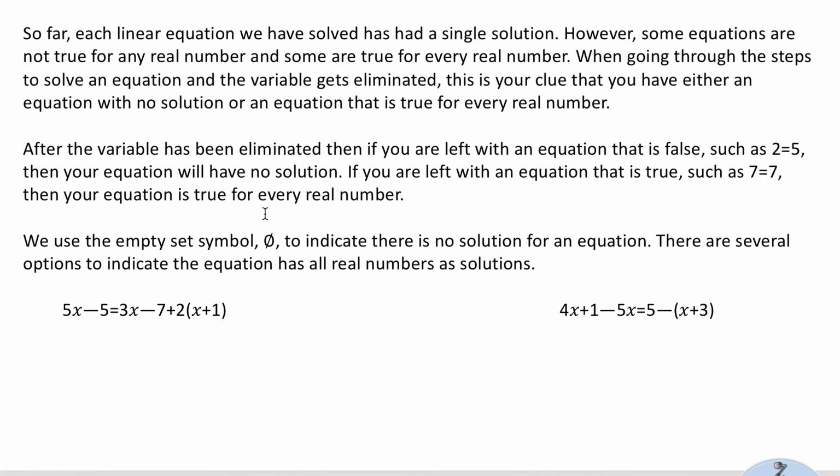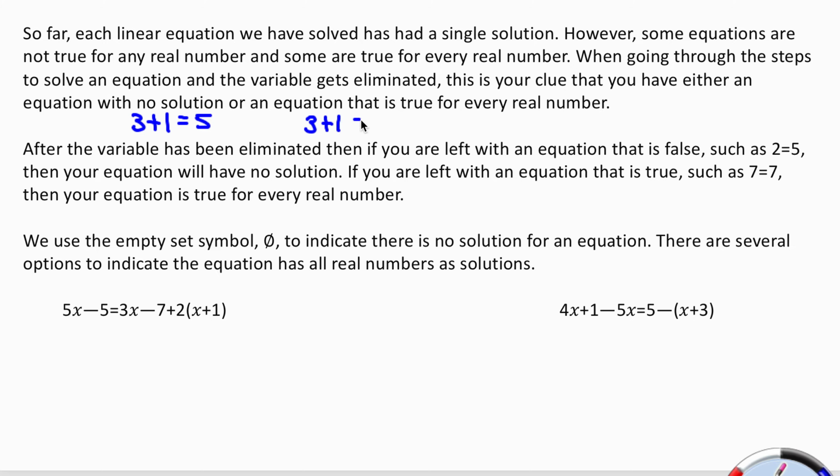Now, so far, each linear equation we've solved has had a single solution, but some equations are not true for any real number, and some are true for every real number. Think about this. Just because I write 3 plus 1 equals 5, I can write an equation, but it's not true, right?